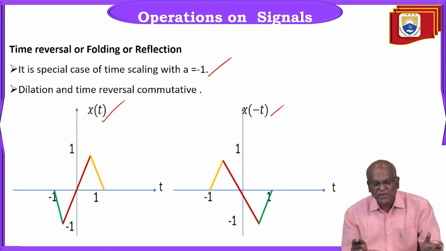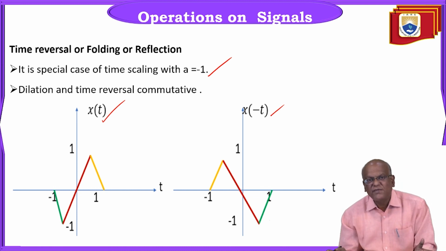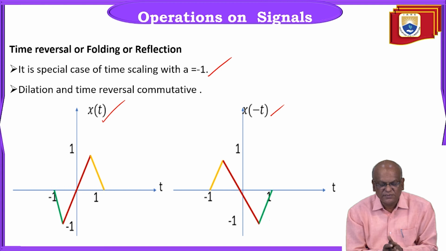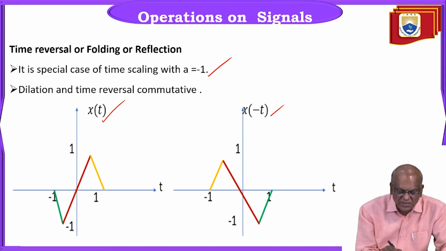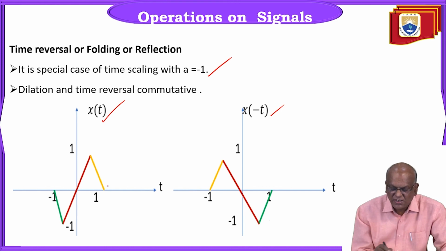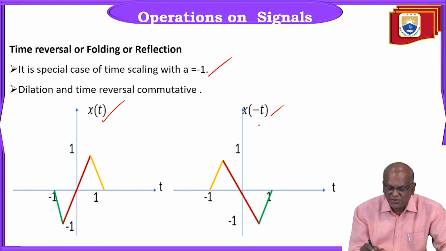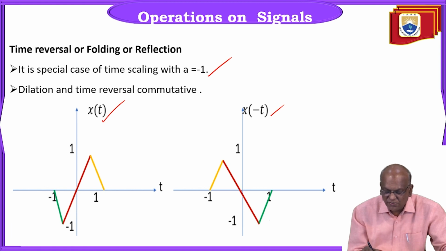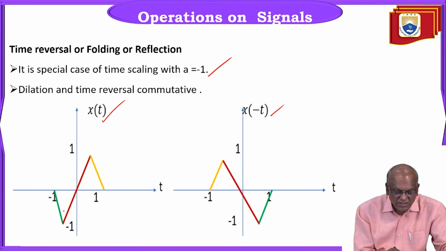That's why when you do the folding operation, left side becomes right side, right becomes left side. That's why the x of t signal is like this, the red line and yellow line. This lies on the right hand side. When you do the time reversal operation, it moves to the left hand side, like yellow, and here it moves to the left hand side, and it becomes green and red.